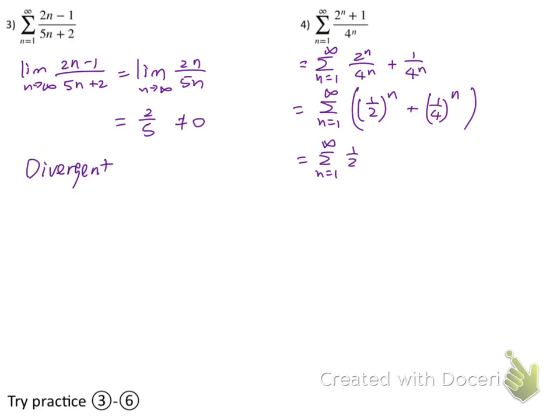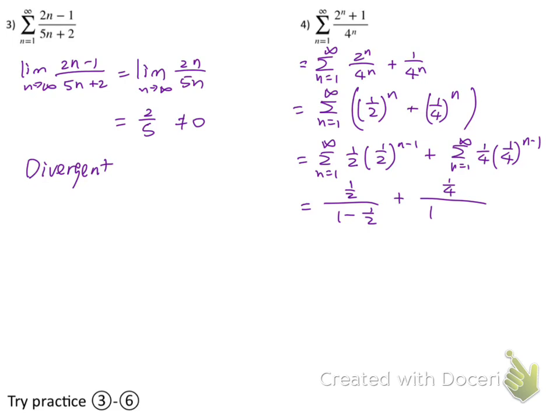The first term is 1/2. Then I have 1/2 to the n minus 1, plus 1/4 to the n will be 1/4 times 1/4 to the n minus 1. So a, r to the n minus 1. Okay, so this equals 1/2 over 1 minus 1/2, plus the first term over 1 minus the ratio.